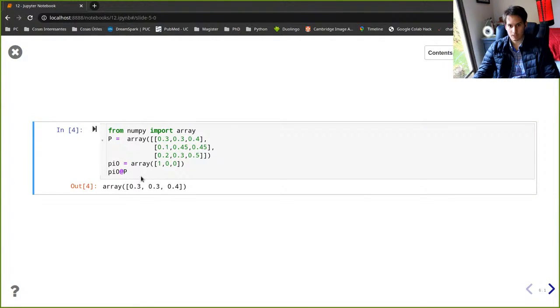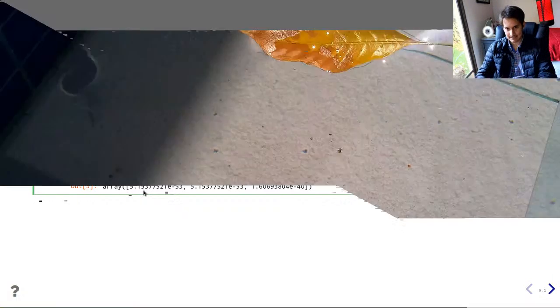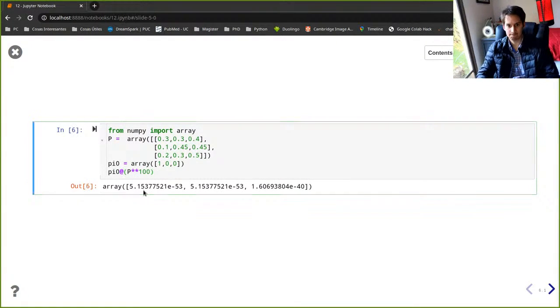Yep, so basically we retrieve the first row, and what happens if we do this but raise it to the power of 100? Well, that's weird. I'm not completely sure if it's doing the correct thing.